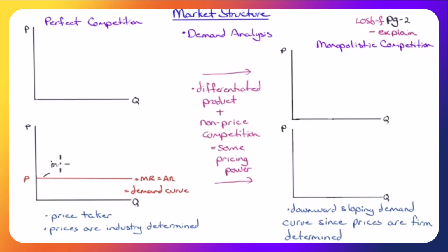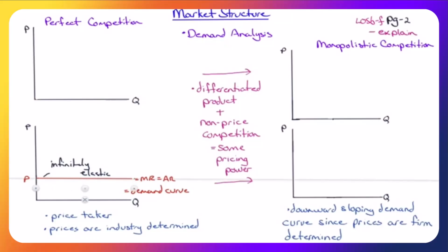What does that mean if we say it's infinitely elastic? If we know what elasticity is, the percentage change in quantity for a percentage change in price. If price changes either a little up or a little down, what happens to quantity demanded? It just disappears, period, because the price is industry determined, not firm determined.